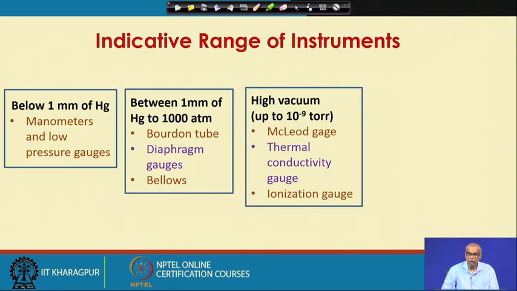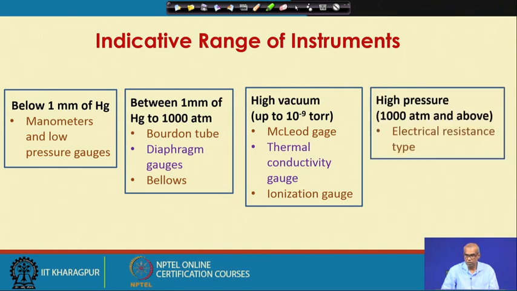For measurement of high vacuum, or very low pressure, as low as up to 10 to the power minus millimeter of mercury or 10 to the power minus torr, we use high vacuum measuring instruments such as McLeod gauge, thermal conductivity gauge, ionization gauge, etc. For high pressure measurements such as 1000 atmosphere and above, we use electrical resistance type.